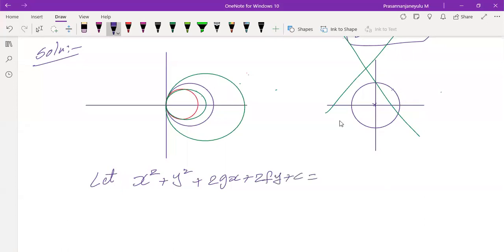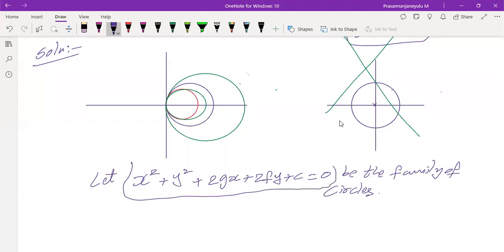Yes or no? Is it a circle equation or not? Yes, sir. This is the general form of circle equation.